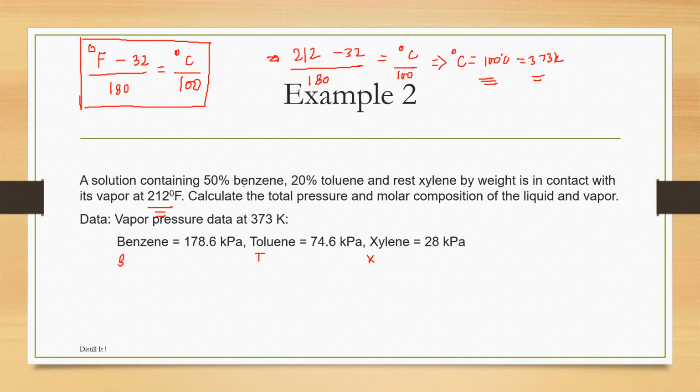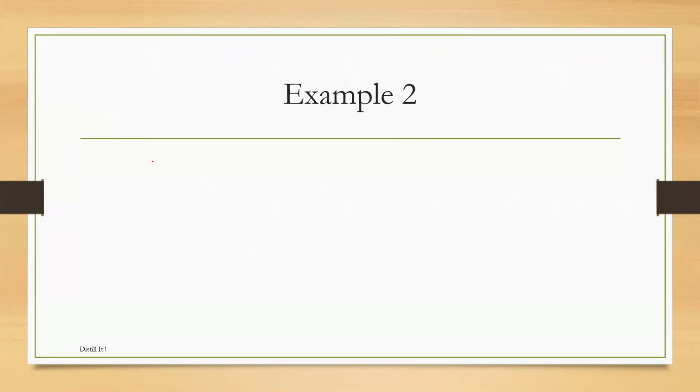A solution containing 50% benzene, 20% toluene, and rest xylene by weight is in contact with its vapor. So that means this is my liquid, which is in contact with my vapor. So first of all, let's deal with liquid weight percent. Okay, this is what has been given to us.